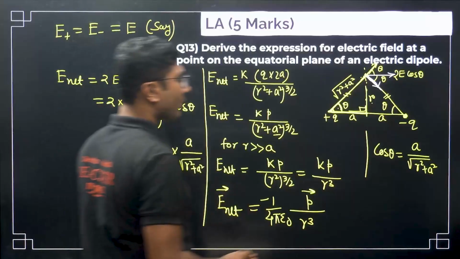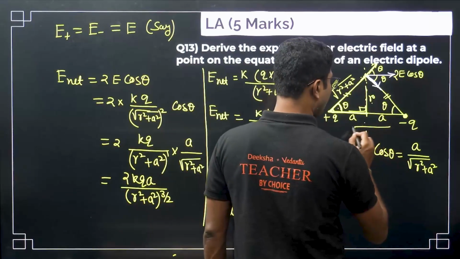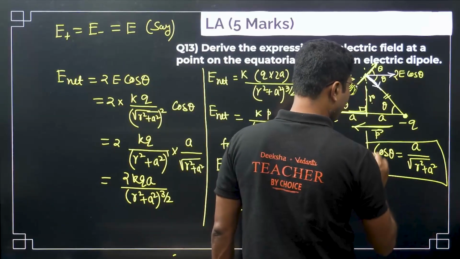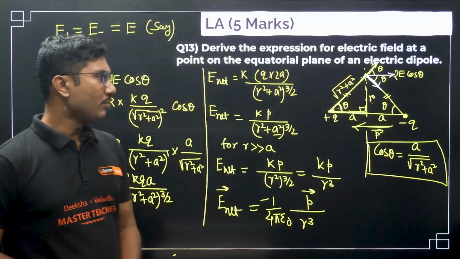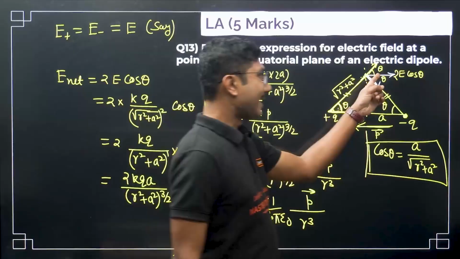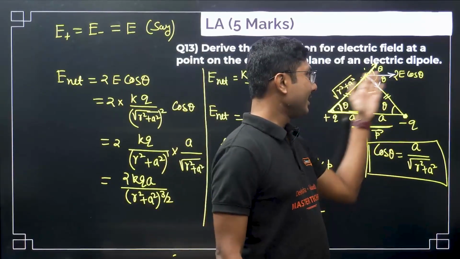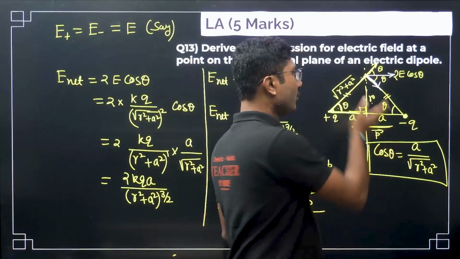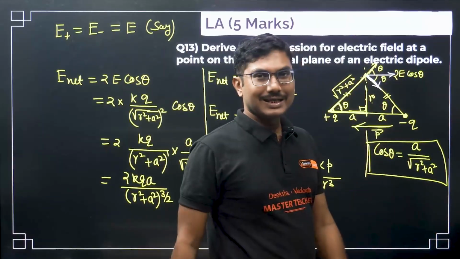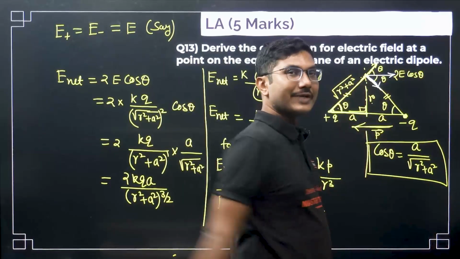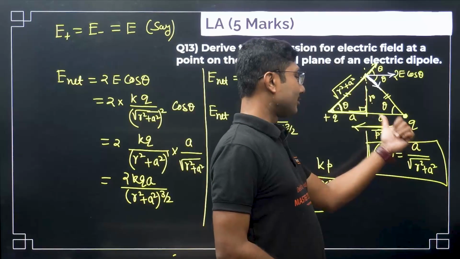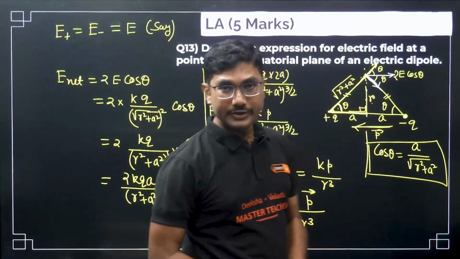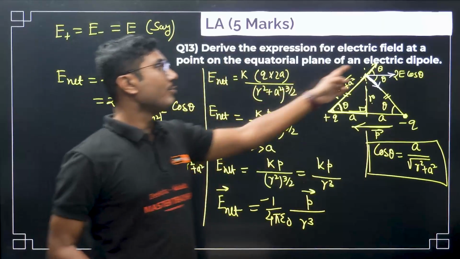Dipole moment p is from negative to positive. What is the net electric field? The net electric field is from positive to negative direction, right? So the dipole moment is along the positive x-axis, and the electric field is along the negative x-axis. So they are in the opposite direction.